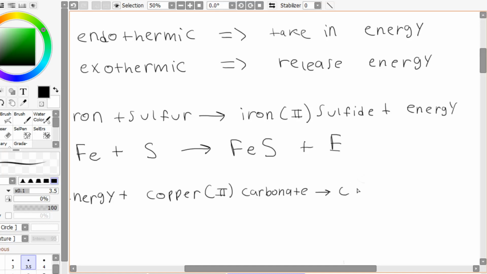So I'm going to try to fit this in. Carbon dioxide, I'll just put it underneath here, plus copper 2 oxide.